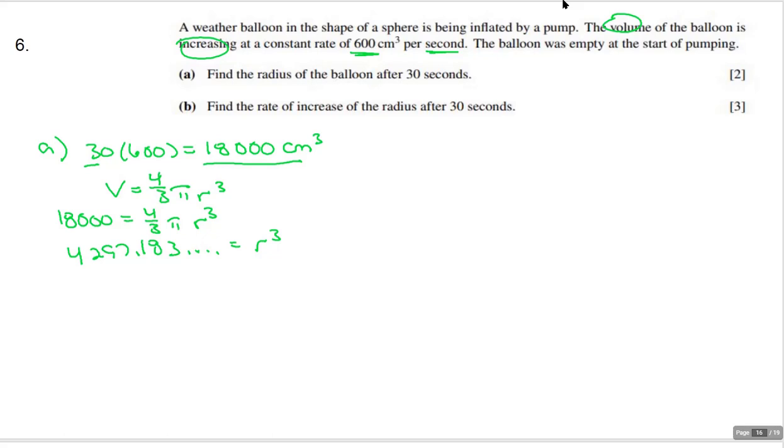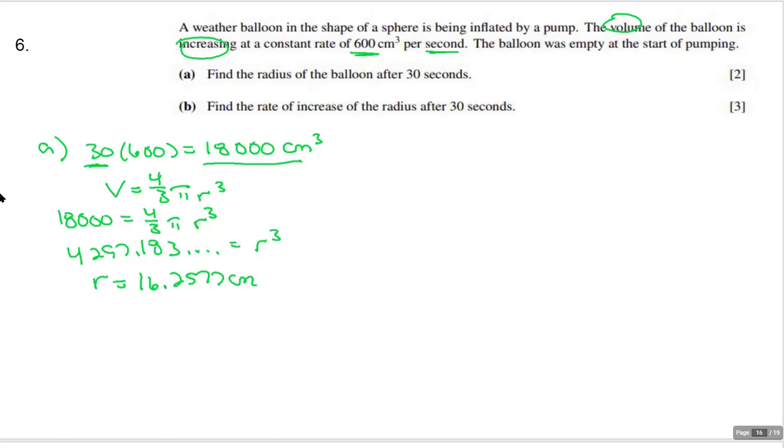You see it's right above the square root button. Then just put answer, and it'll put this whole thing in. We're going to find out that the radius after 30 seconds is 16.2577 centimeters. All right, so that's part A.